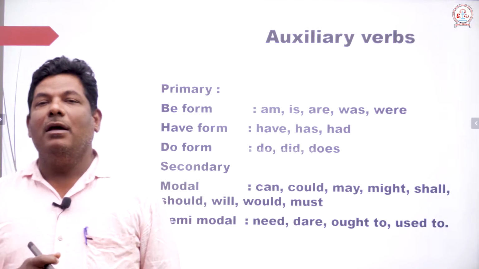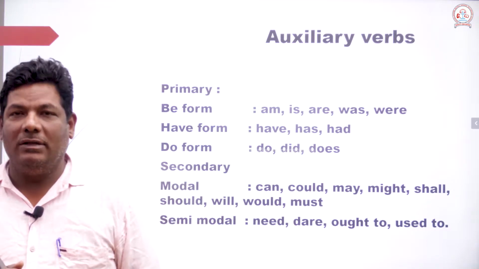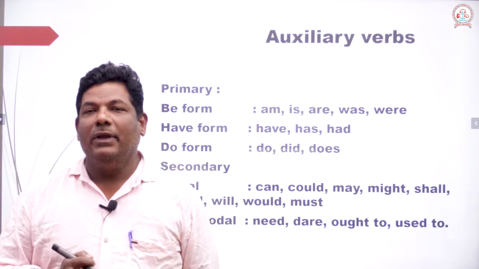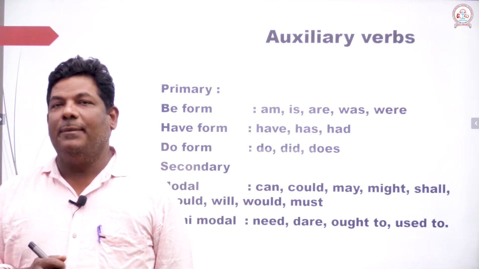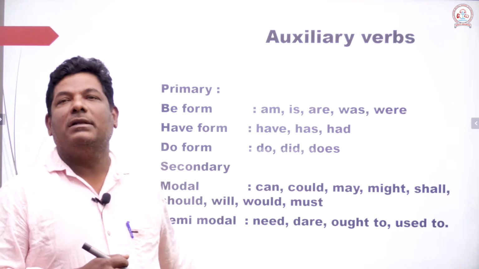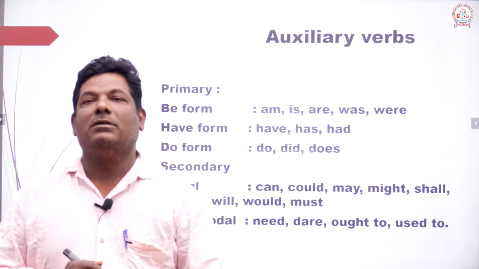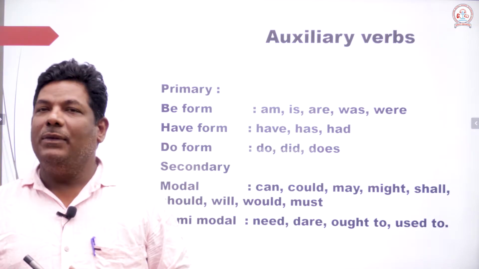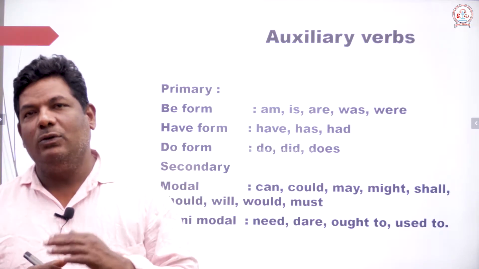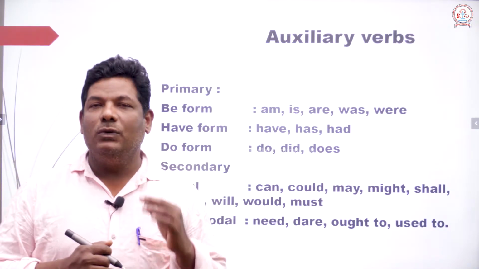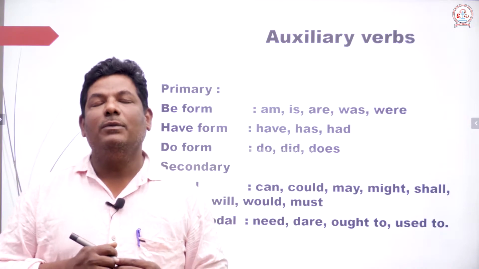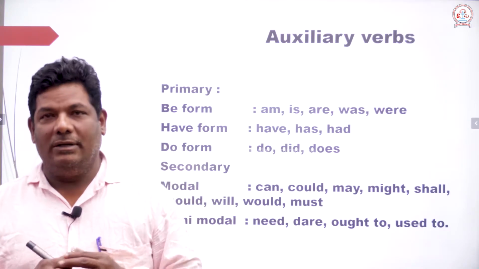There are 9. And we have quasi modal or semi modal verbs: need, dare, ought to and used to. Without knowing these auxiliary verbs, you cannot write question tags. The first step is to identify the auxiliary verb in a sentence. You must use that particular auxiliary verb for writing question tags.